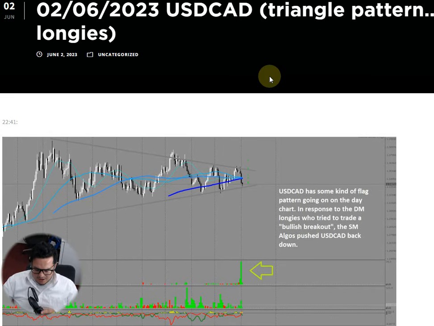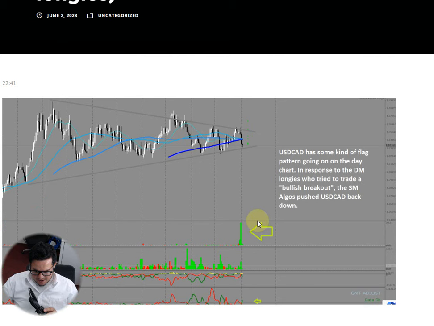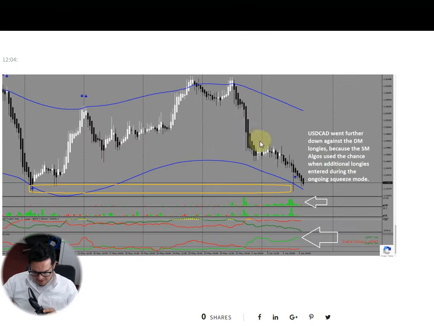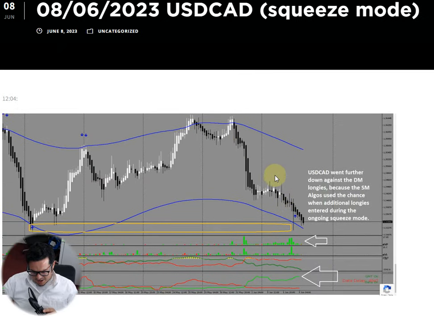Right. Dollar Cut here on the 2nd of June. You see that we had this triangle pattern going on. And then look at that. Longies get lured into buying, thinking, okay, the price will bounce back up from the lower line. And this is, of course, a big mistake because the smart money algos use it to push Dollar Cut all the way down against those longies, these dumb money buyers.